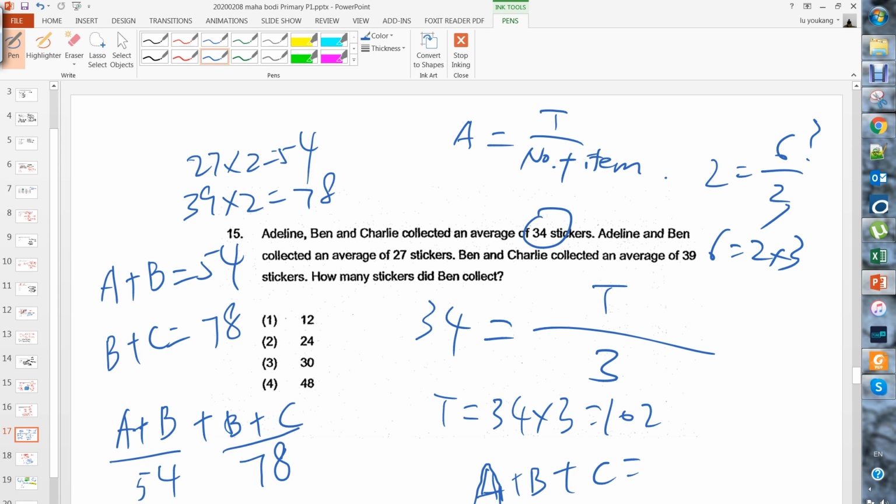What's the value of total? Use your finger and point. Very good. So can you see A plus B plus B plus C is equal to how much? These two add up. 132. 132.